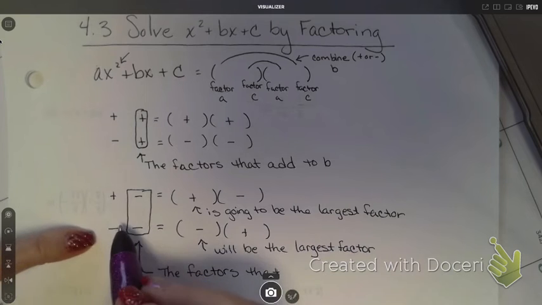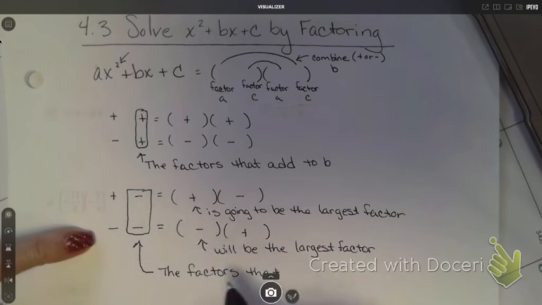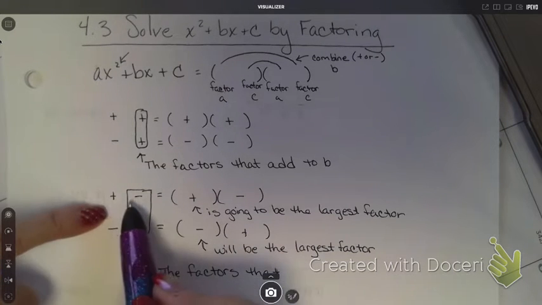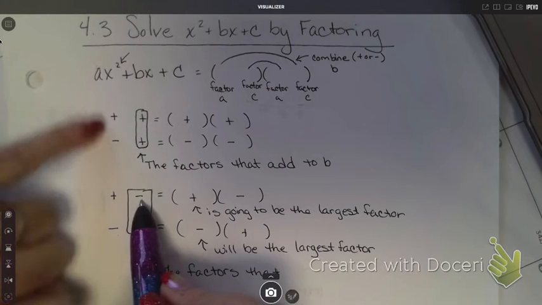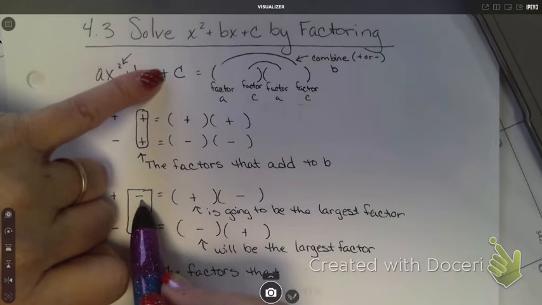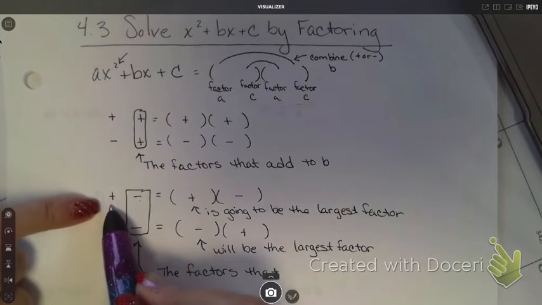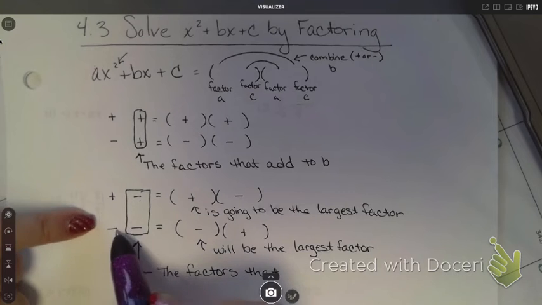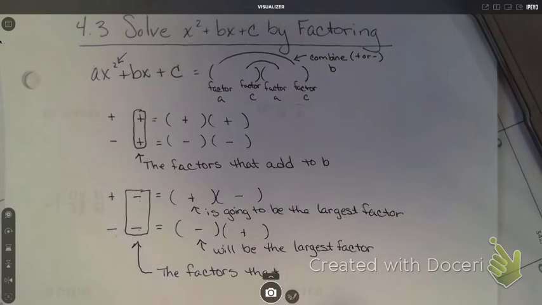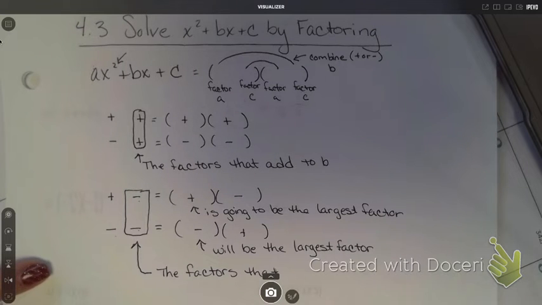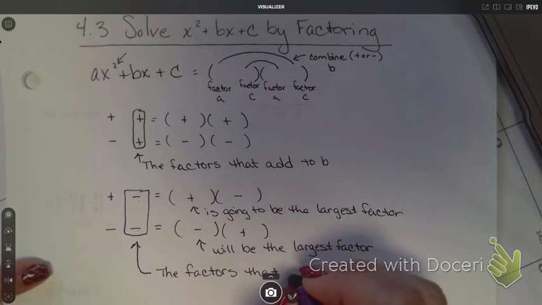When it's a plus minus, if this is a plus and this is a minus, the largest factor will be positive. If it's a minus minus, the largest factor will be negative. Can I say difference, or do I need to say subtract? Okay, I'll say subtract, but I say difference all the time.